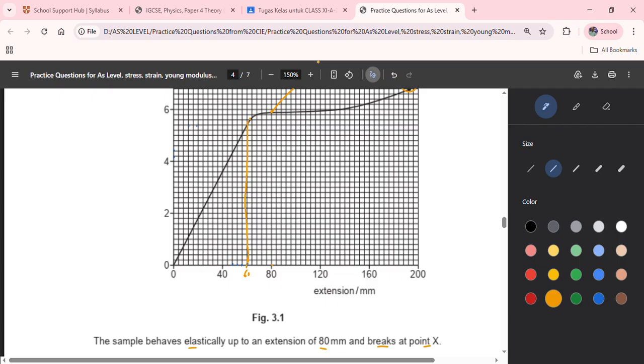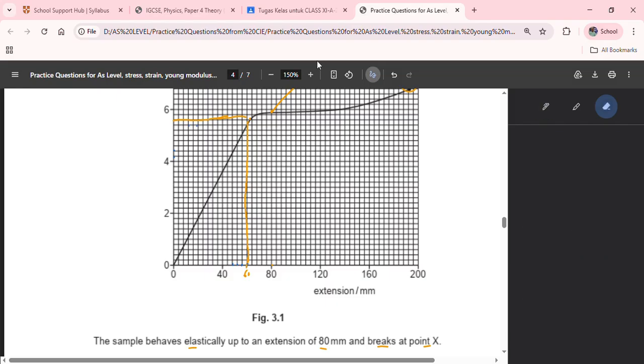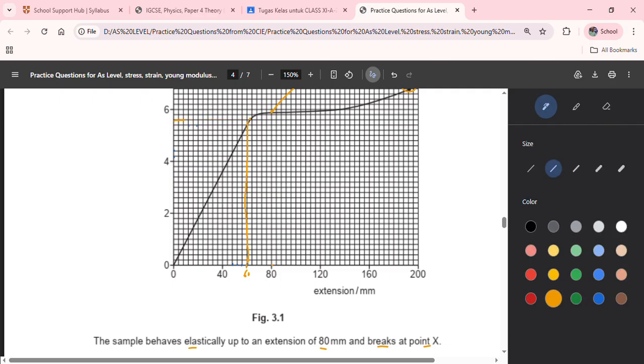And then we have the y-axis. I think it's about here. Yeah, so this one is 5 point something, because 4 to 6 is 2, and then 1 square is 2 divided by 10, which is 0.2.